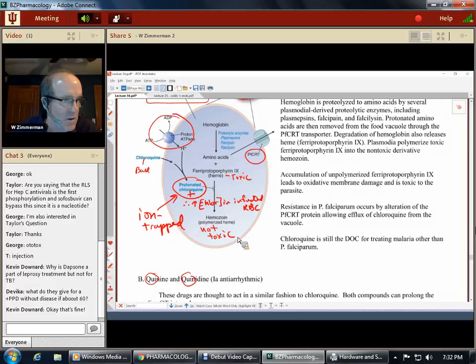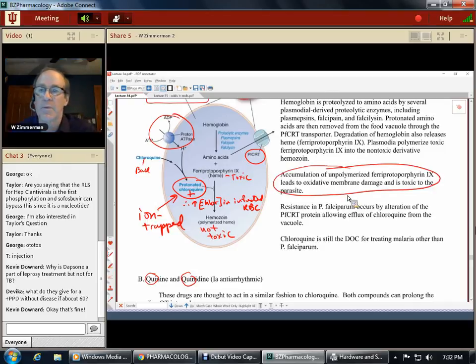And what's going to happen with the chloroquine there, this protonated, it's in that high concentration, we wind up with this accumulation because we're blocking this polymerization of heme. So we're going to get this unpolymerized porphyrin and get a lot of oxidative damage and toxicity to the parasite.